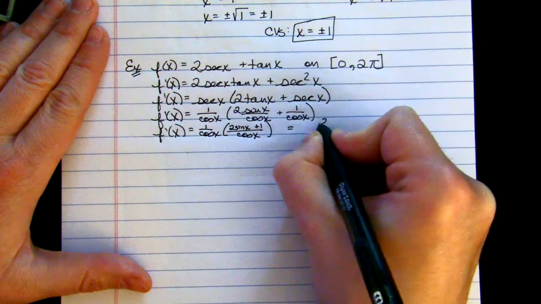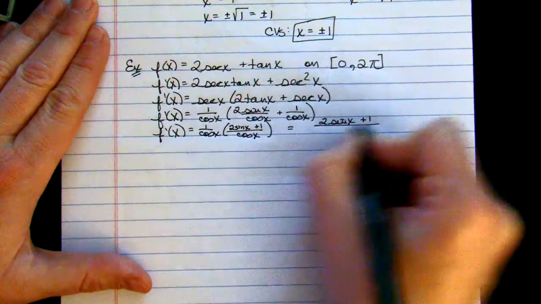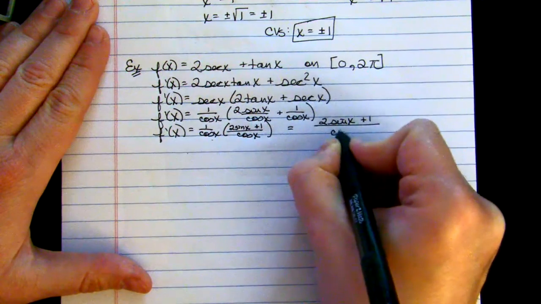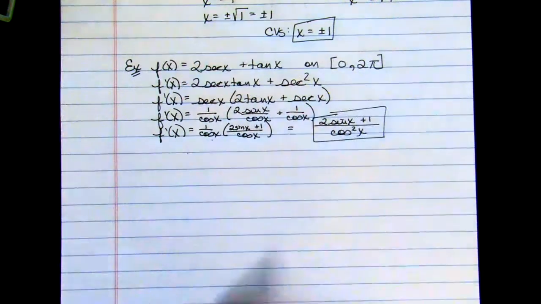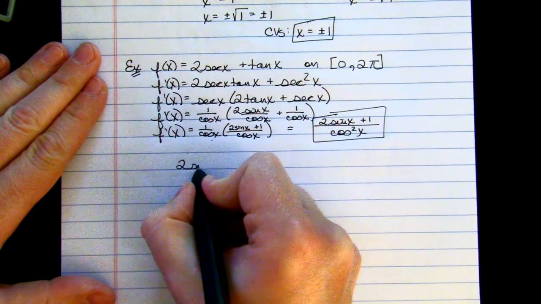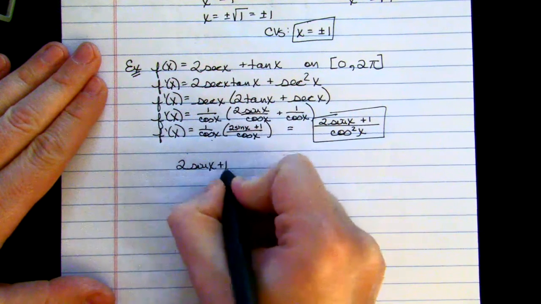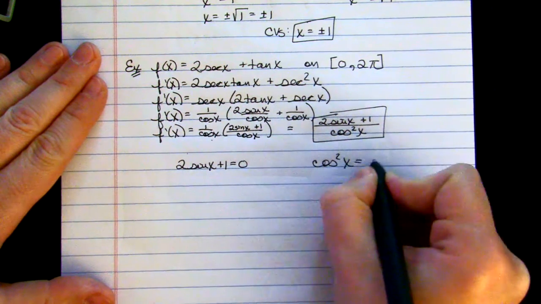And I can turn that into 2 sine x plus 1 over cosine squared x. And that's my derivative. We now have to set the numerator and denominator equal to 0. So 2 sine x plus 1 equals 0, and cosine squared x equals 0.